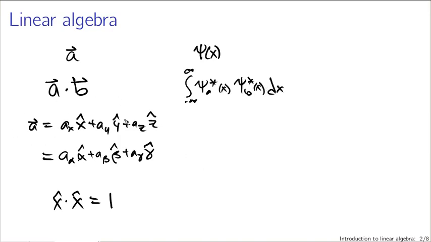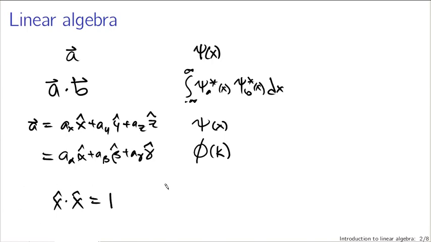Expressing a vector in terms of one coordinate system versus in terms of another coordinate system is essentially the difference between looking at the state of the system as the wave function psi of x versus the wave function in momentum space, the wave function phi of k, which we got by taking Fourier transforms back when we considered the free particle.